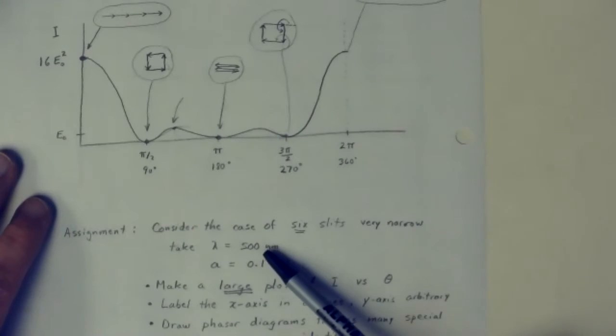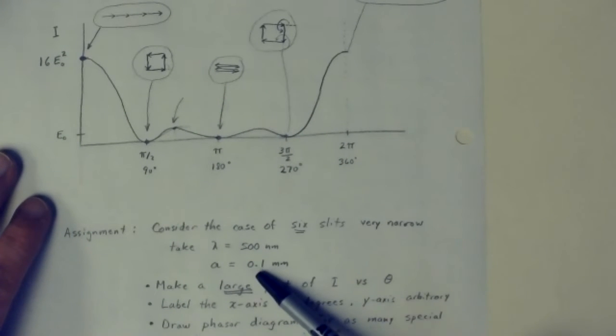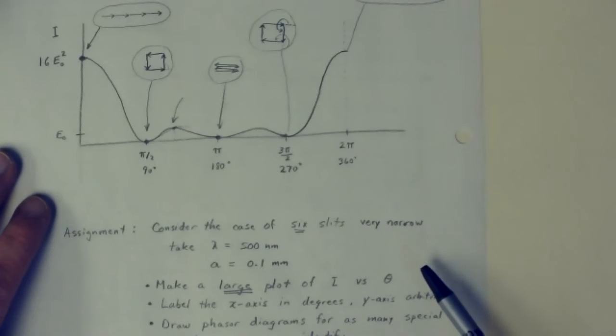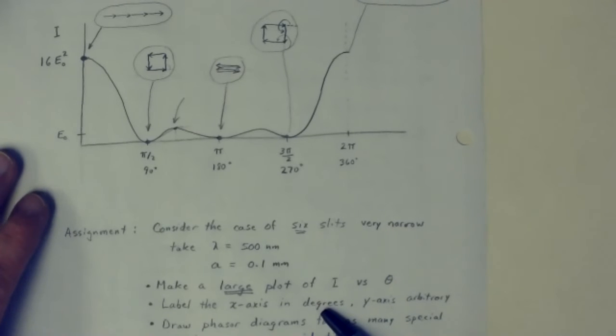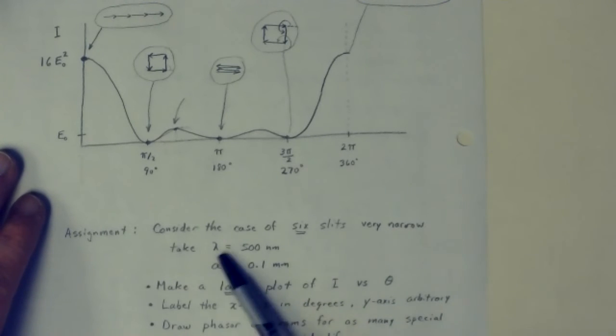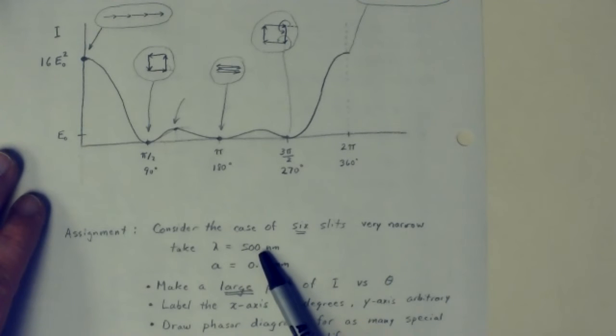I'd like you to put the scale on here in terms of theta, and let's do that in degrees. You'll probably have to take some very small number of degrees because I'm trying to do this for an optical case where you've got visible light, 500 nanometers.